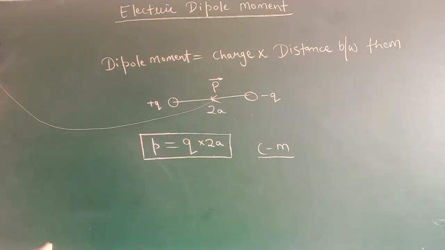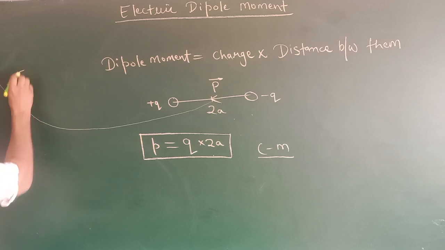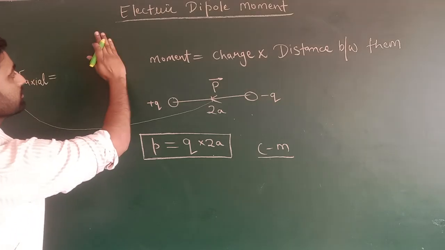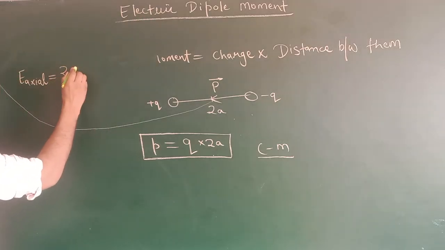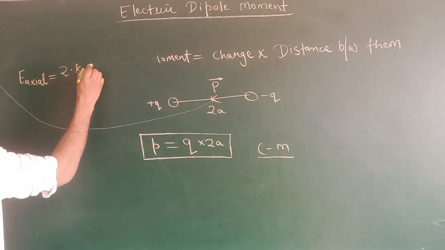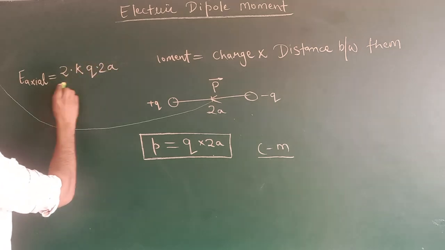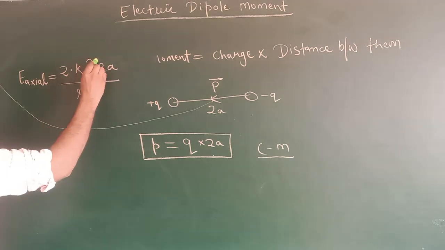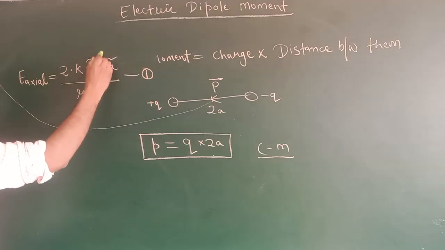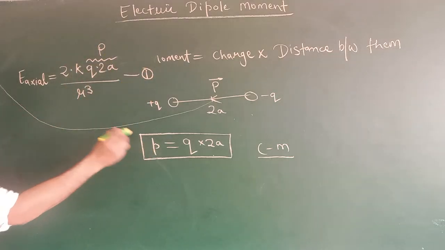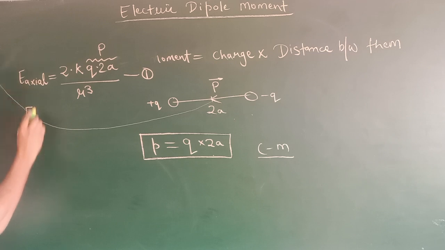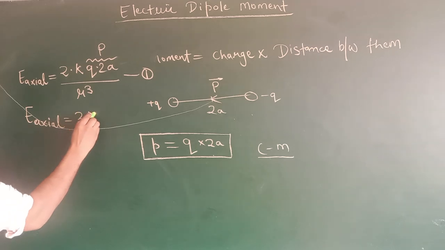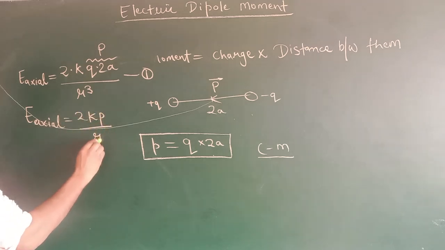E axial equals something divided by r cube. So this term in equation number 1 can be replaced by a new term called p, that is electric dipole moment. So the final formula for axial would be 2kp divided by r cube.